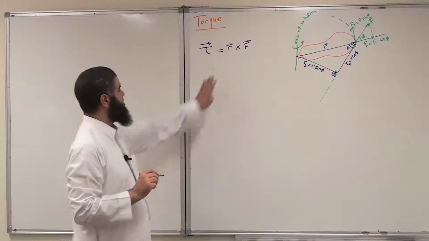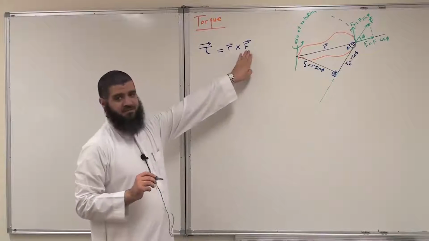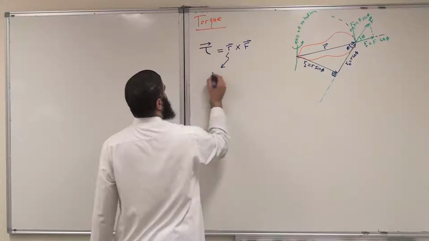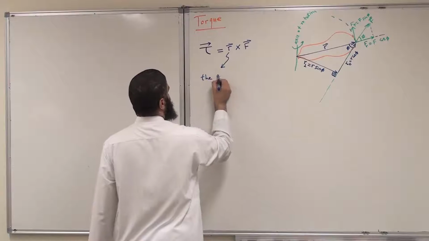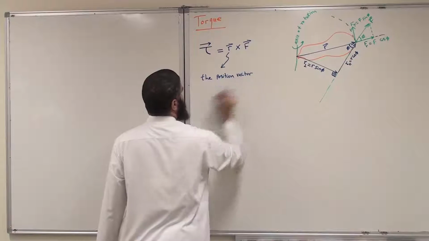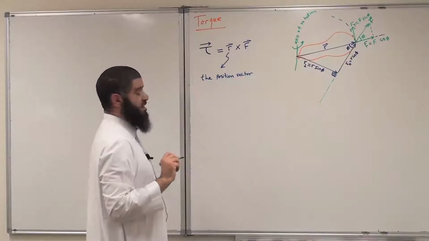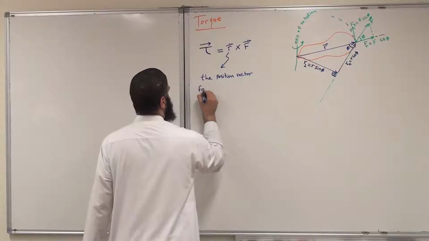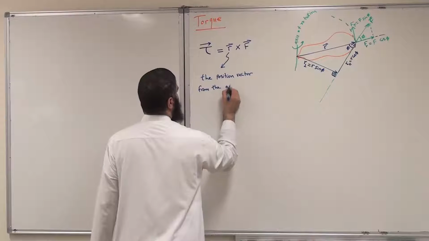What is this r? Because we know the force, but what is this r? r is the position vector. From where should we draw this position vector? From the axis of rotation.